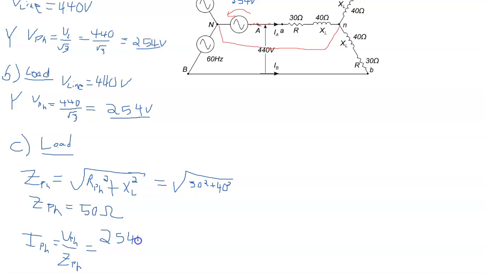V phase was 254 volts, and Z phase 50 ohms. And so in the load, I phase is equal to 5.08 amps.